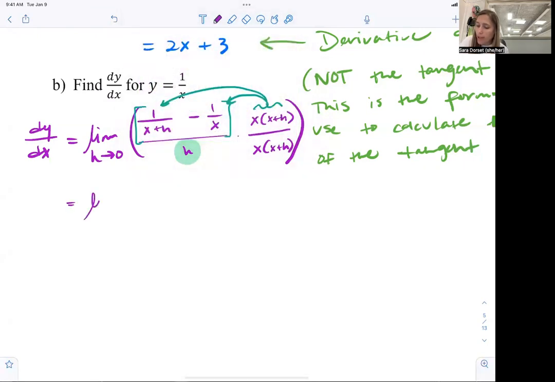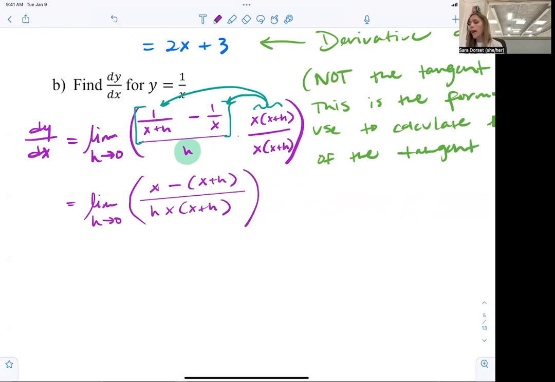So when we do that, we still have our limit notation because we have not used direct substitution yet. The x plus h's will cancel. We'll be left with x. And then minus the x's will cancel and we'll be left with x plus h. Make sure you have your parentheses around the x plus h. And then all over h times x plus h.